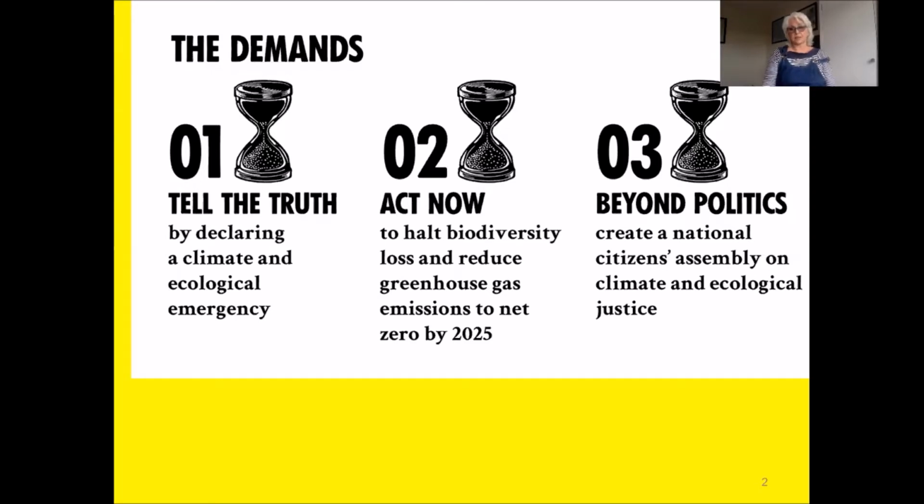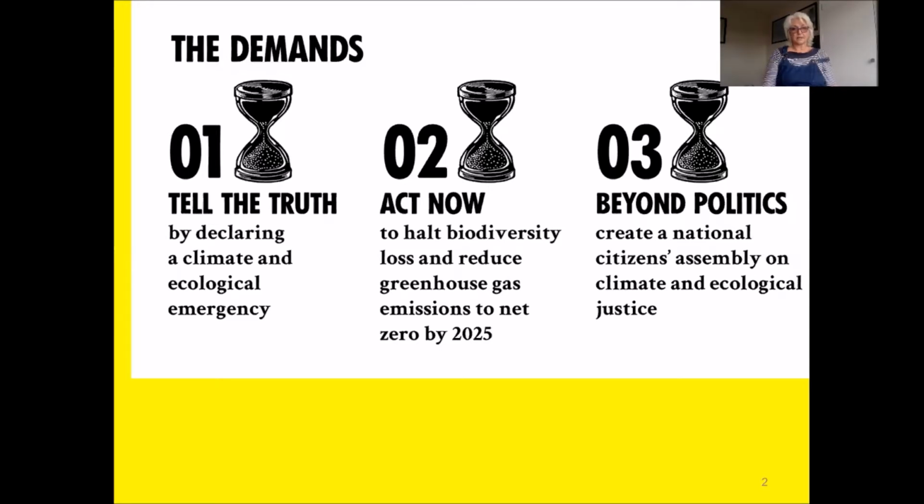It's not that we didn't know about these problems beforehand, but nothing had actually been done. And in response to the report, it stated that tackling the climate and ecological emergency would require far-reaching and unprecedented changes in all aspects of society.